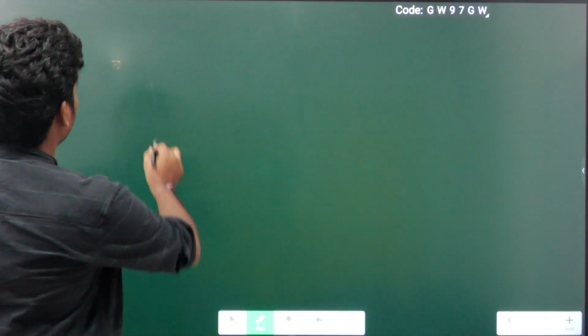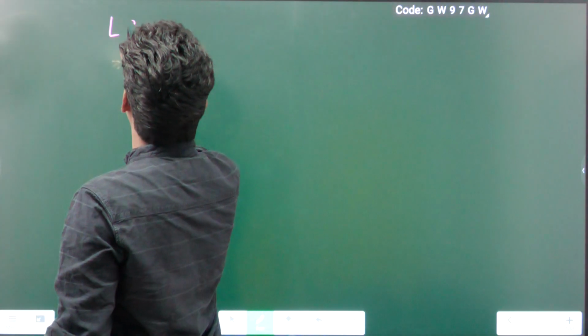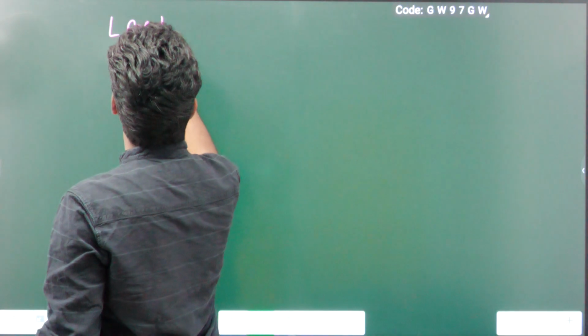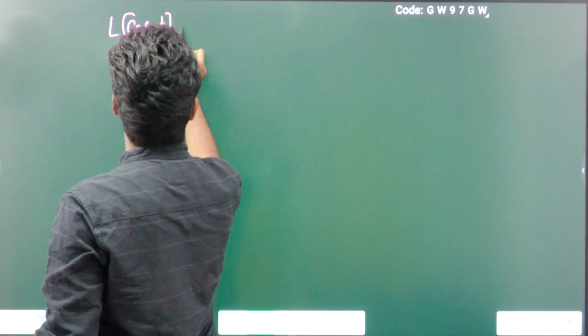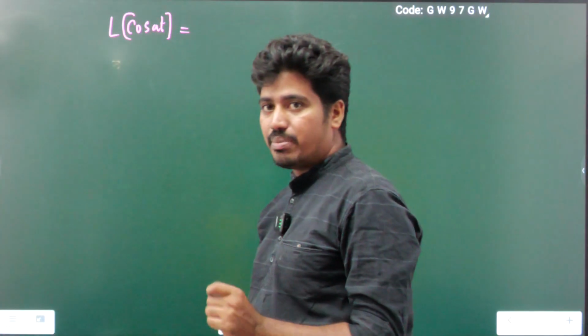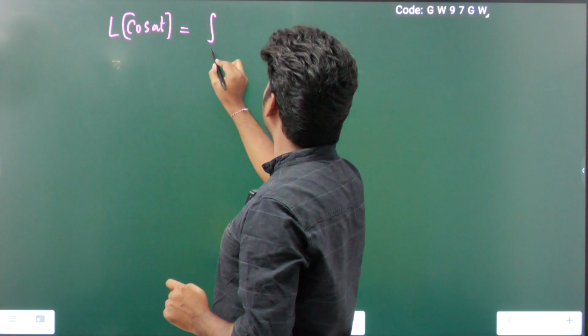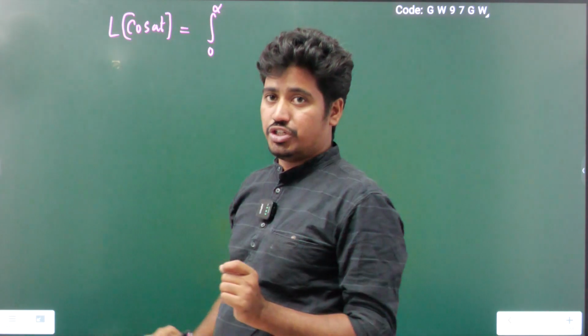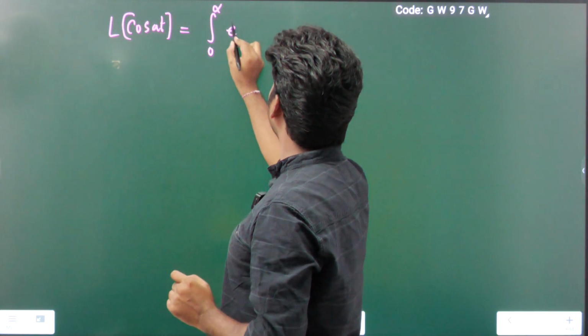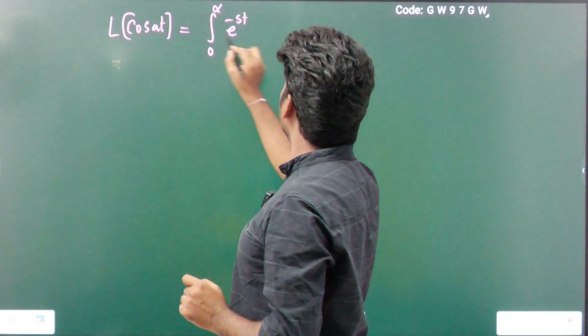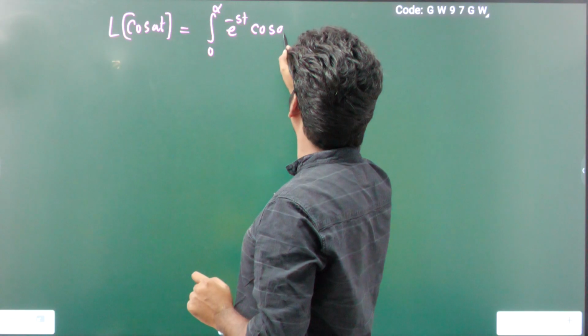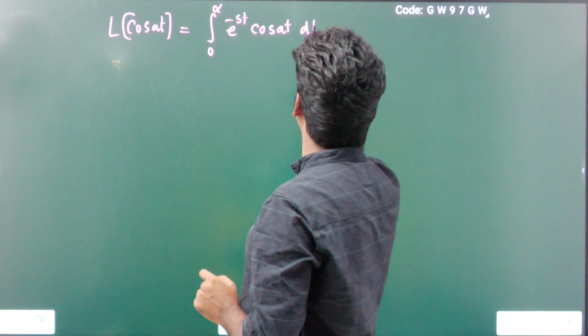The next standard formula is the Laplace transformation of cos at. As per the definition, it is the integration from 0 to infinity of e power minus st into cos at dt.